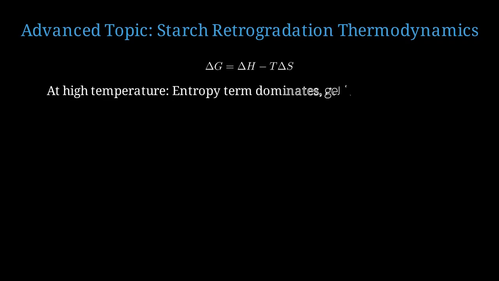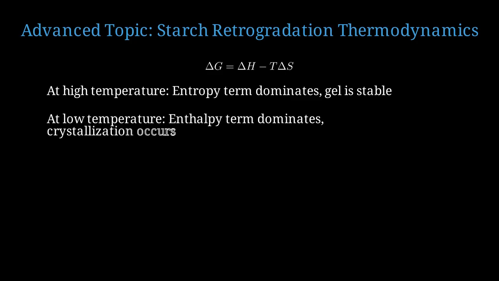At high temperatures, the entropy term T delta S dominates, and the disordered gel state is thermodynamically stable. Retrogradation does not occur. At low temperatures, the enthalpy term dominates, and crystallization becomes favorable. However, kinetics may be slow due to reduced molecular mobility. The transition temperature, where delta G equals 0, is approximately 50 to 60 degrees Celsius, depending on starch concentration and composition.